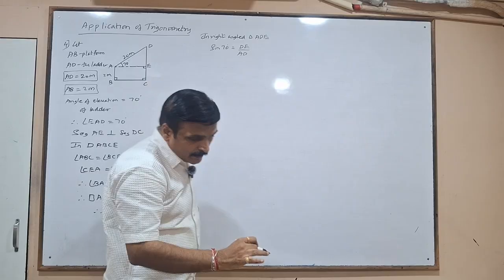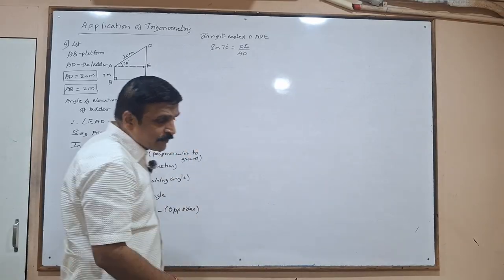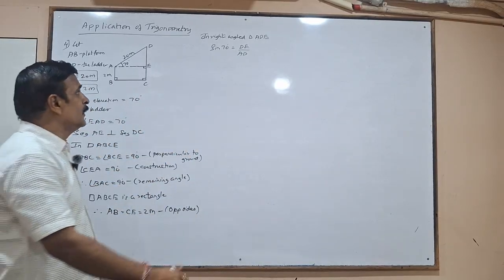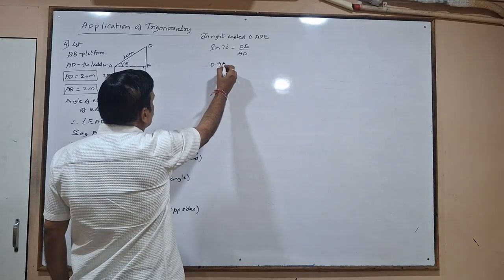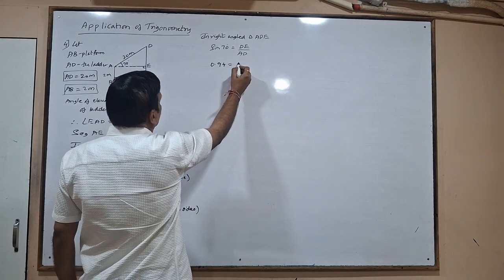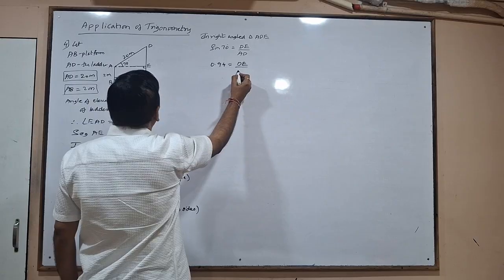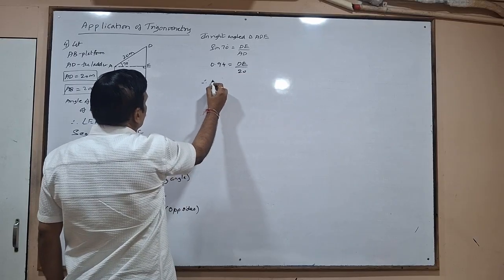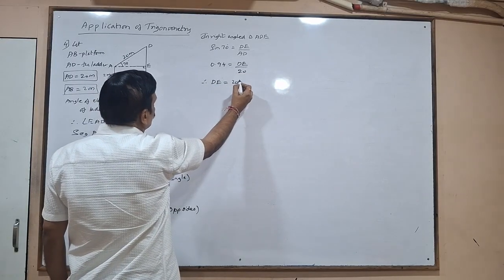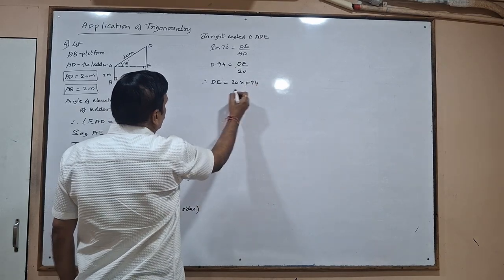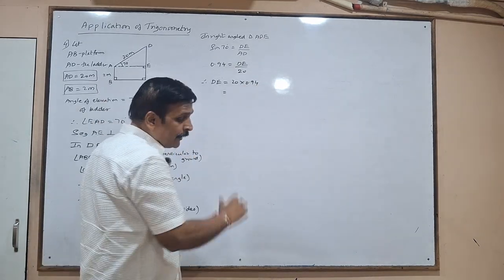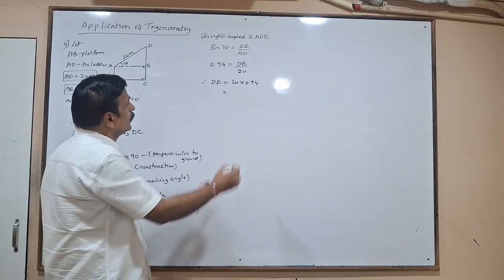Sine 70 value is mentioned in the question. We can take it from the table also. 0.94 equals DE upon 20. So DE is equal to 20 into 0.94.